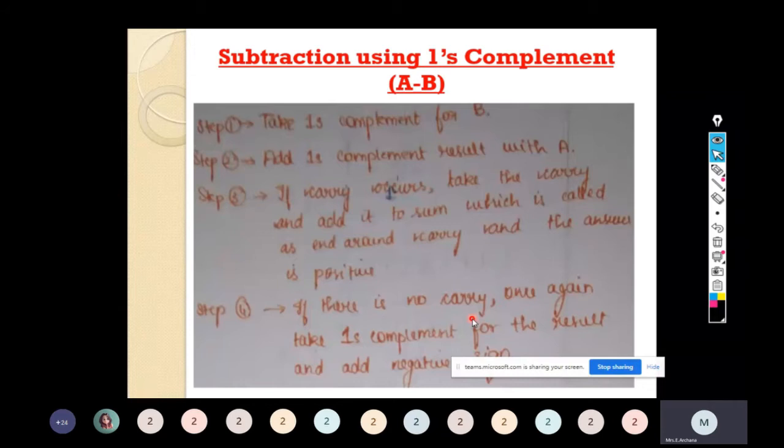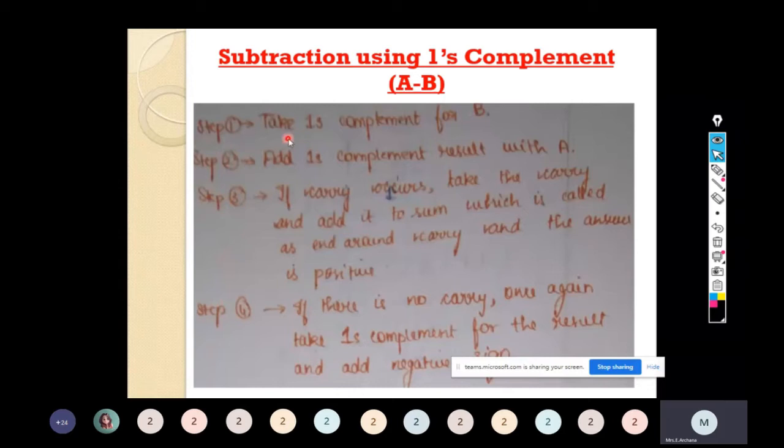First, subtraction using 1's complement. Let me consider the generalized format A minus B. What are the steps to subtract A minus B using 1's complement?